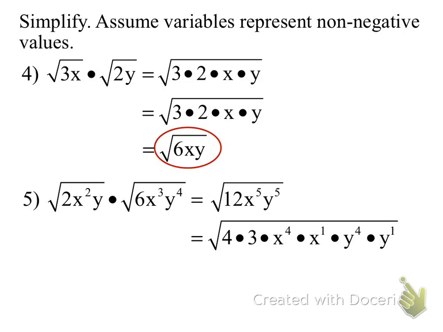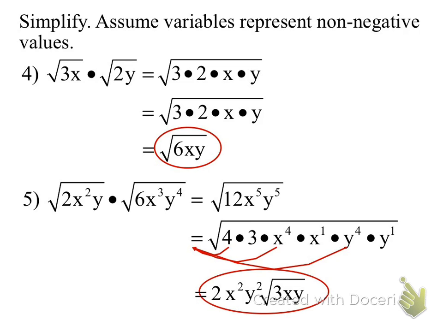Y to the 5th breaks down to y to the 4th times y. So my root of 4 is what? 2. The root of x to the 4th is x squared. The root of y to the 4th is y squared. And what's left inside the radical box? 3xy. Okay? And that's your final answer.